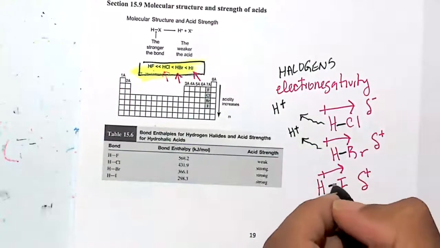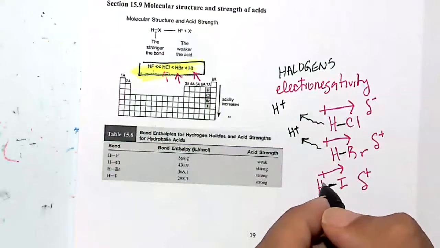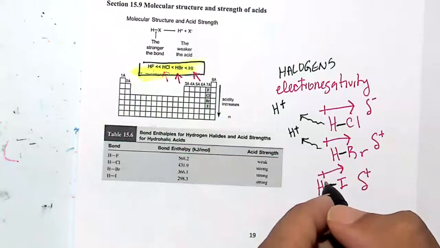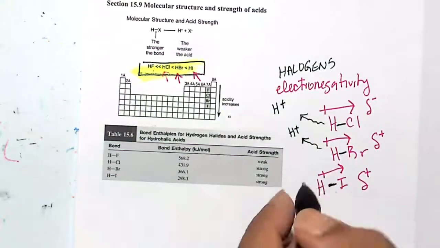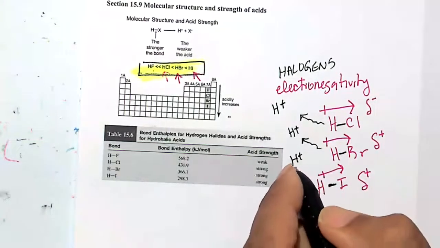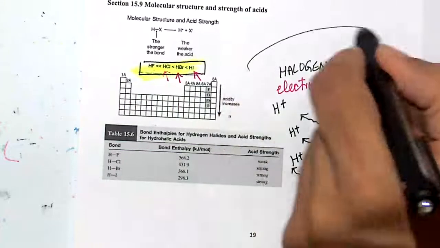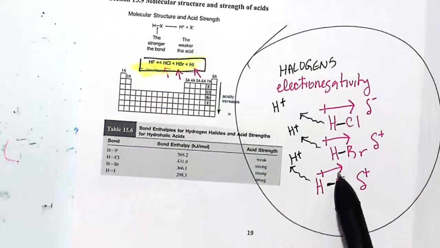Same thing with HI. I minus, that bond. It's a bond that you see here, but the iodine pulls. It pulls, and as it pulls, it takes all of that electron density to itself, and then the H plus just goes away. So this is the basis behind, at least for the halogens, why they are strong acids.